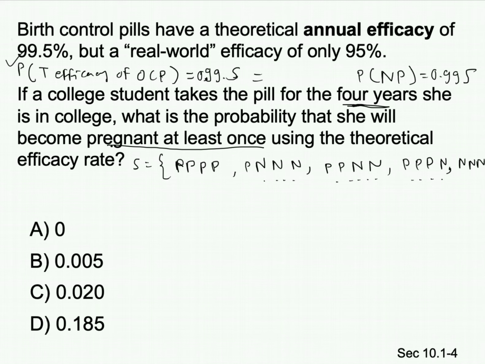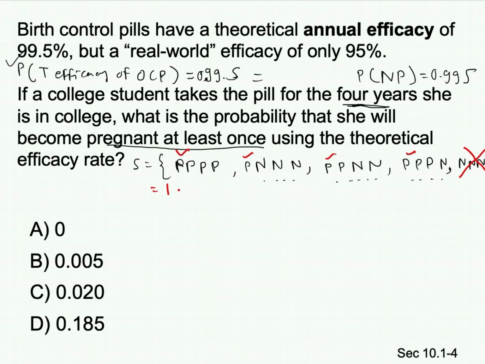Our question is asking for the probability that she will become pregnant at least once. So here she is getting pregnant at least once, actually four times, once, twice, so at least one. These fulfill it. But here she's not getting pregnant at all, so all 4 years not pregnant. So we have to exclude only this particular event out of all the possible events from the total sample space, where the total probability is 1.